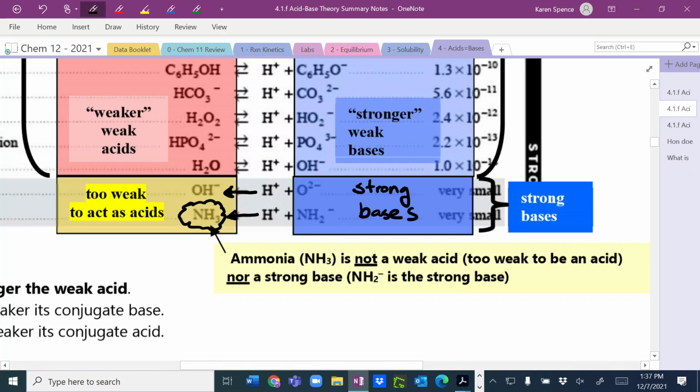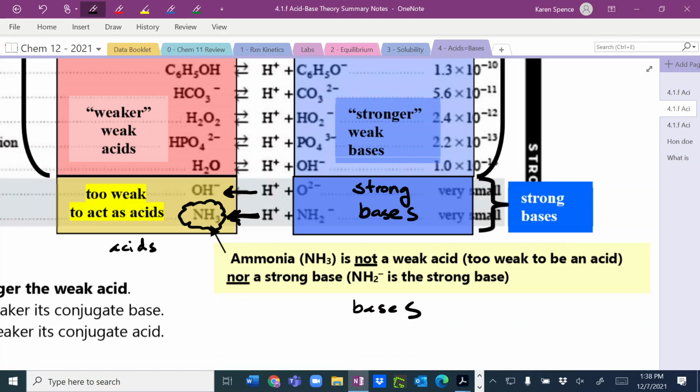Bases are over here, yes, bases, and acids are over here. So technically, in this case, NH3 is an acid, quote unquote. Is it any good at being an acid? Is NH3 ever going to be able to donate a proton and become NH2 minus? No, because this arrow only goes that way. So NH3 is too weak to act as an acid.